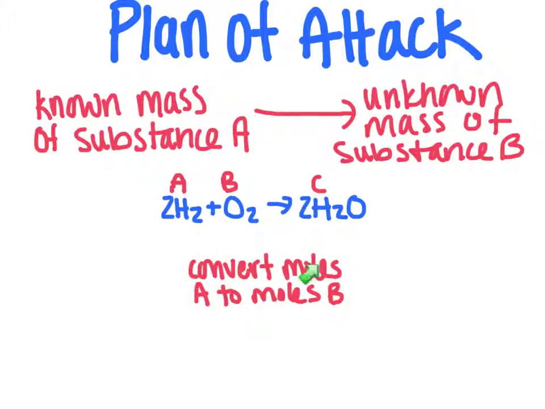Where we convert moles of A to moles of B. That's exactly what we did in our last step. So we would call this the mole ratio, right? The balanced equation says, if I put in 2 moles of this, I'll get out 2 moles of this. Put in 1 mole of this, I'll get out 2 moles of this. Okay, so the law of conservation of mass says that has to happen.